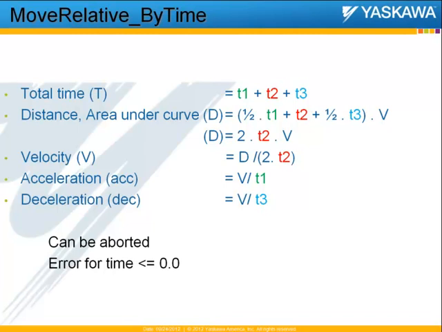Features of this function block are that it can be aborted at any time by another motion function block, and also if the user puts in a time less than or equal to 0, an error ID specific to this function block comes up.